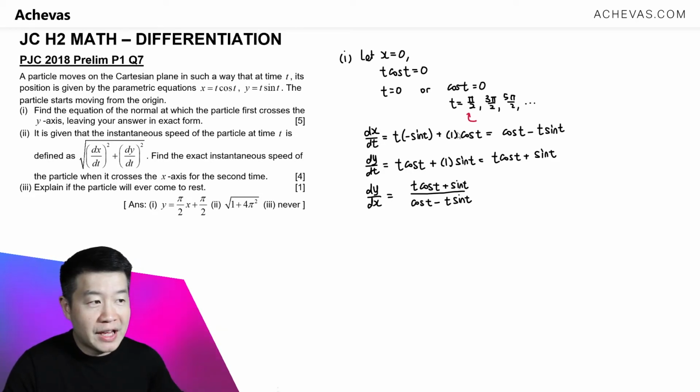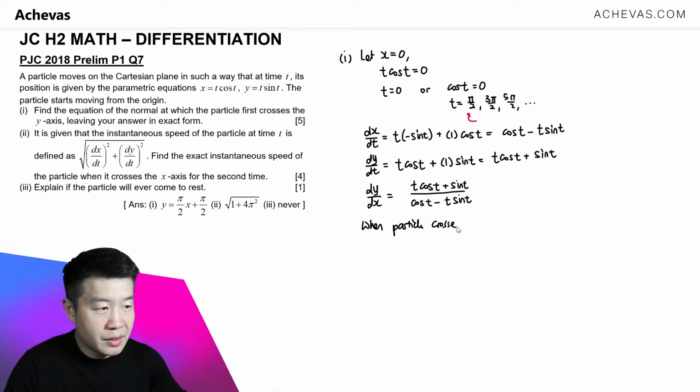So now we have all the expressions that we need, and let's try to find the rest of the information that can help us to deduce the equation of the normal when the particle first crosses the y-axis.